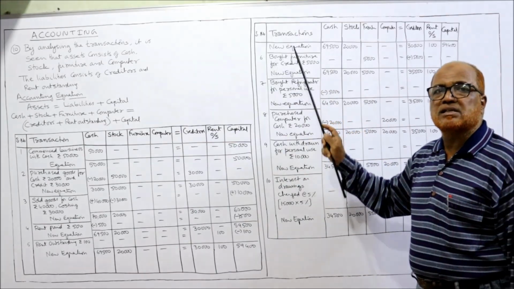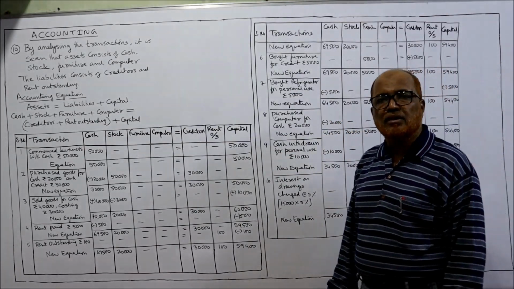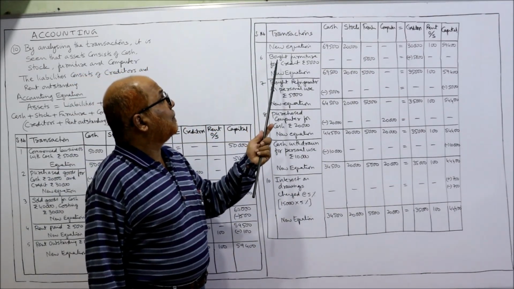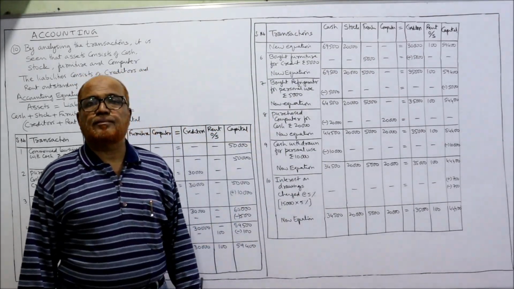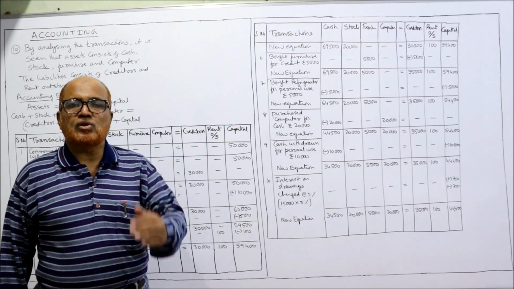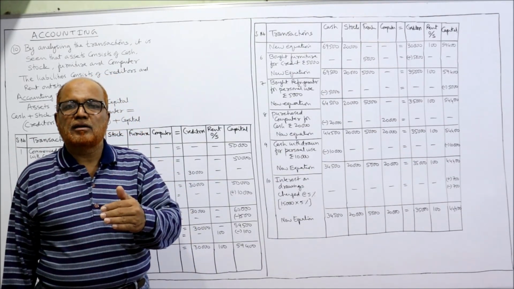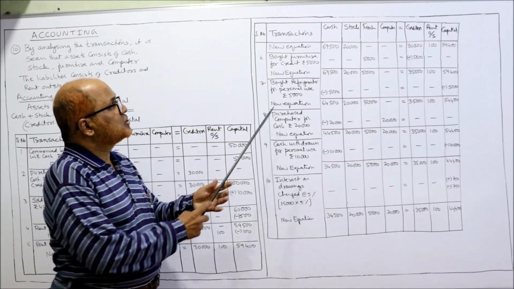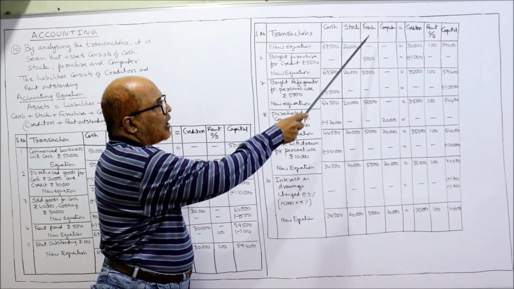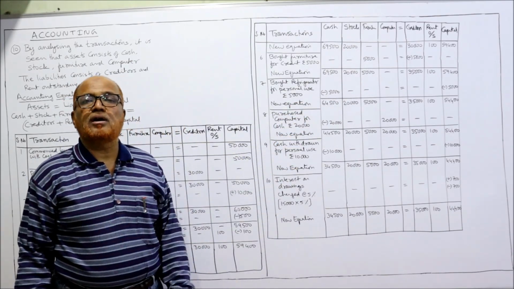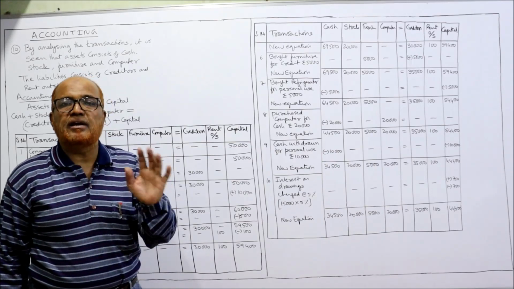Now I am taking the sixth transaction. What is the sixth transaction? Bought furniture on credit. So furniture is coming in. So it's an asset. Furniture is an asset. So furniture column 5,000. Now this furniture is purchased on credit. So it's a liability.